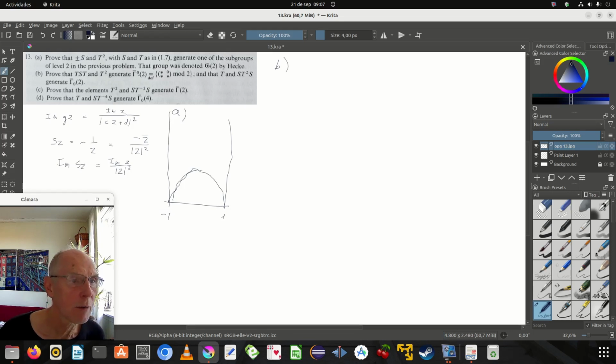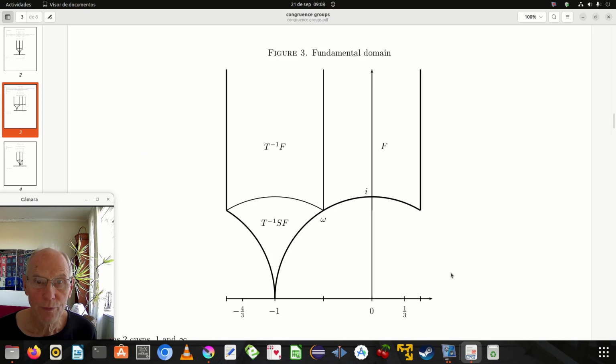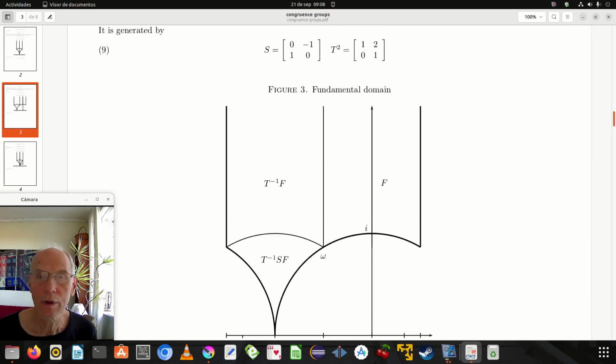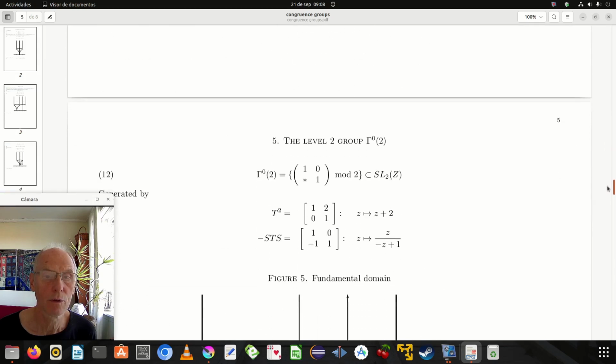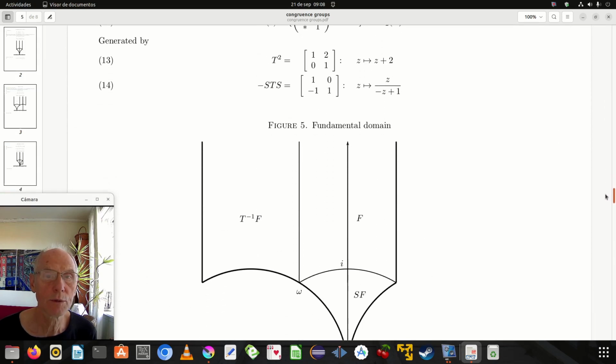That's gamma upper naught, or superior naught, generated by TST and T squared. T squared we know. So this is the group.